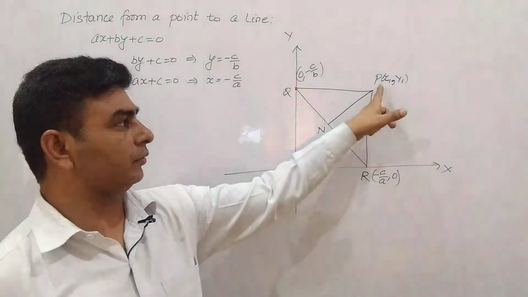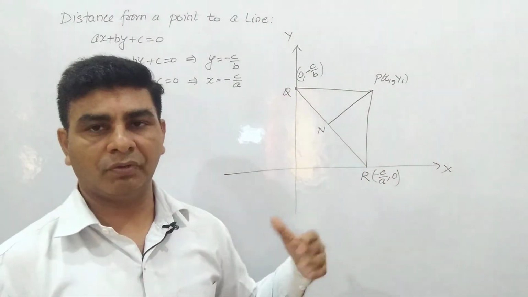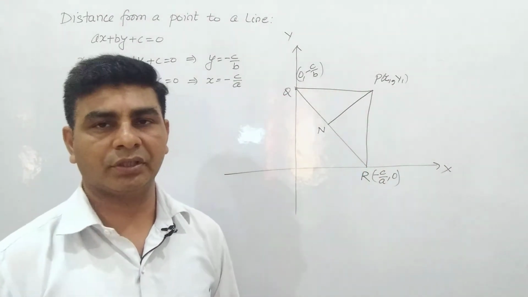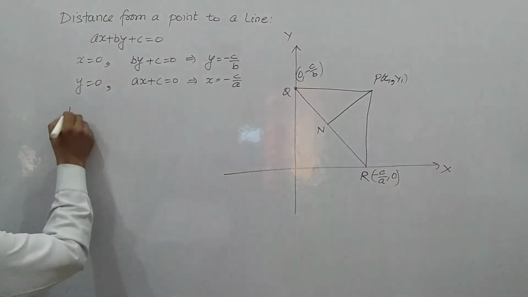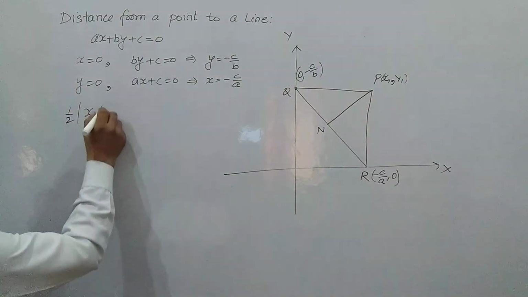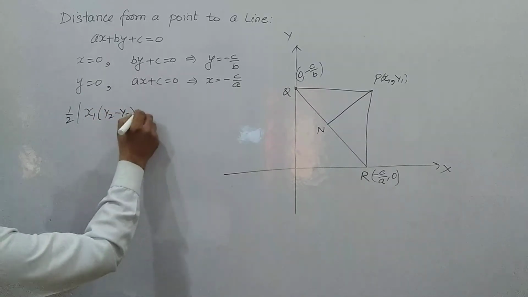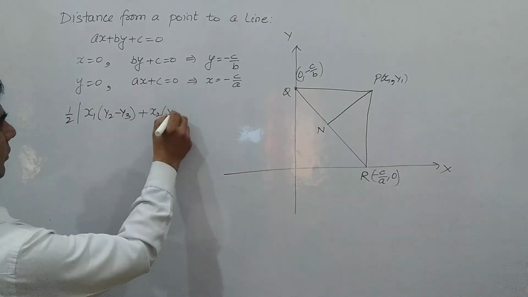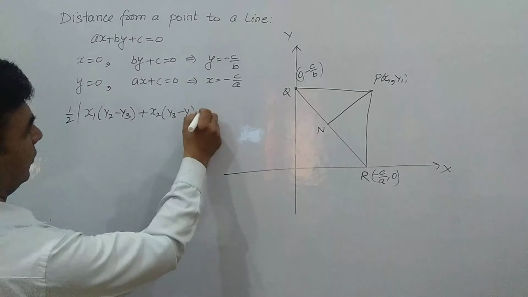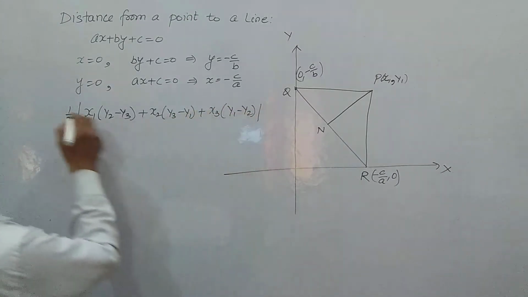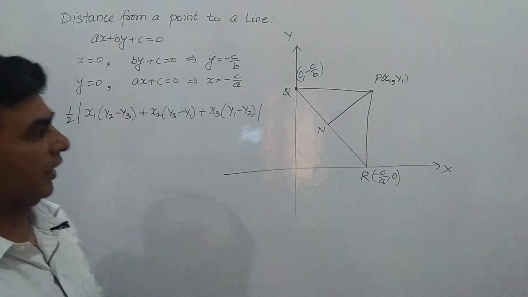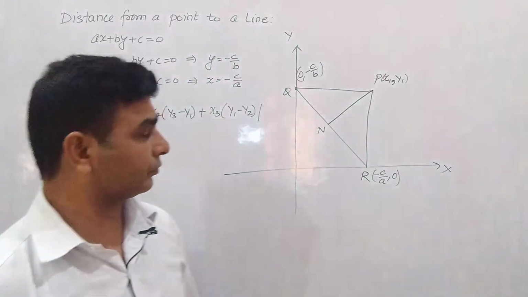The first one is through the vertices of the triangle. Since the vertices are given, we can find the area of the triangle by the formula half of x1 (y2 minus y3) plus x2 (y3 minus y1) plus x3 (y1 minus y2). This is the area of triangle PQR obtained through the vertices formula.